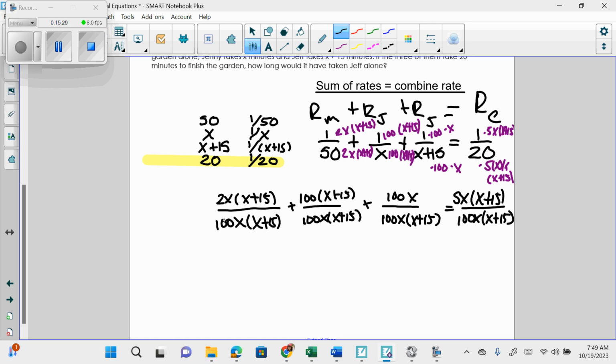So now that everything is over 100x times x plus 15, we can drop that denominator.